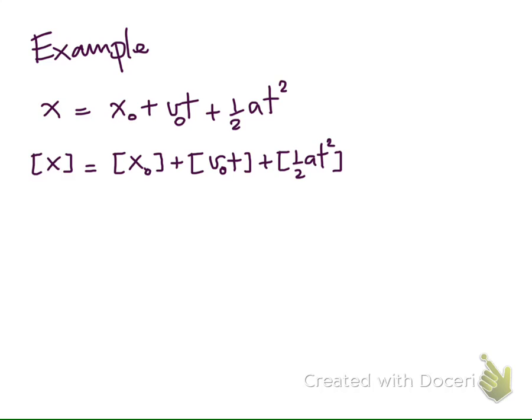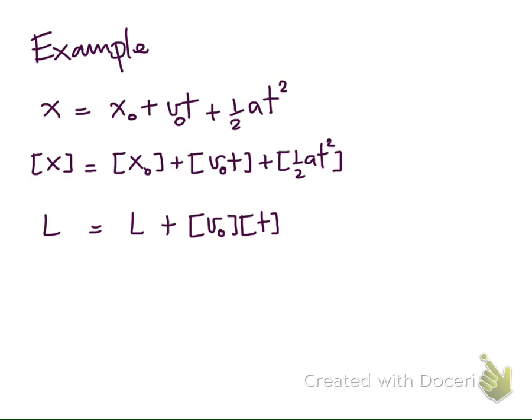The dimension of x is the length, which is L. The dimension of x0 is the length too. The dimension of v0 t is equal to the dimension of v0 times the dimension of t.